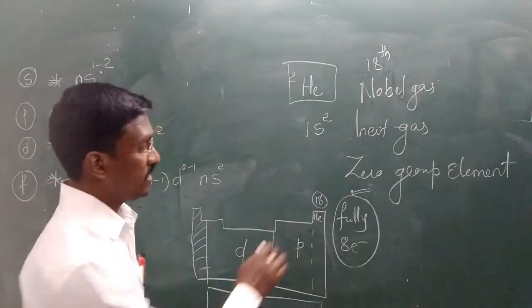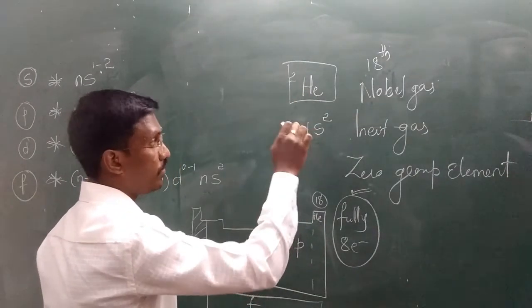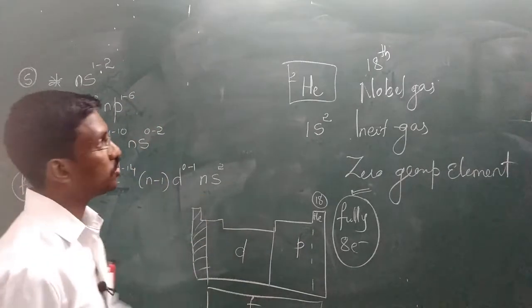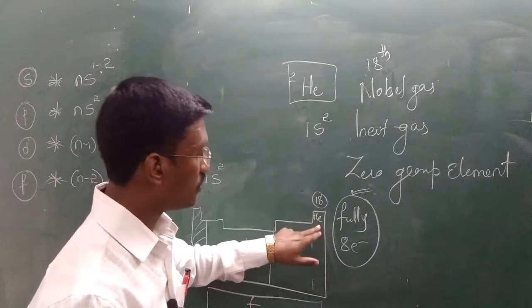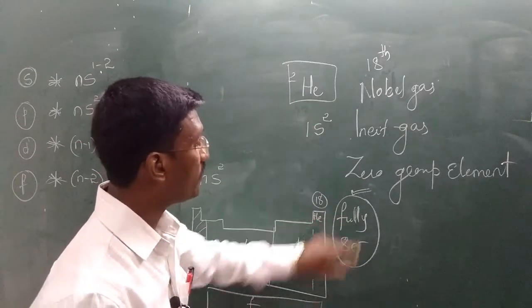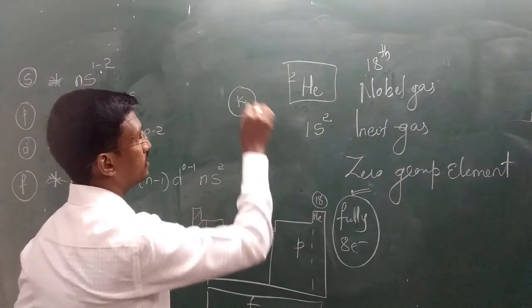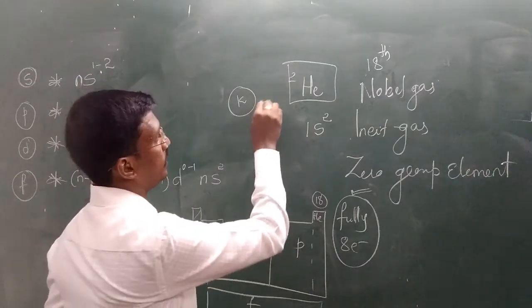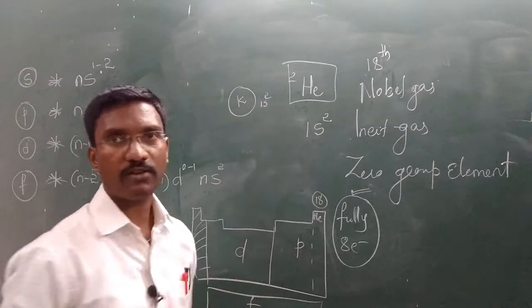For that reason, even though according to its electronic configuration helium should be placed in the S block, meaning the second group, we place it in the 18th group. Why? Because it has completely filled electrons. Can you see here in the K shell, there is only one subshell, that is 1s. 1s1 means hydrogen, 1s2 means helium, so the K shell is completely filled.